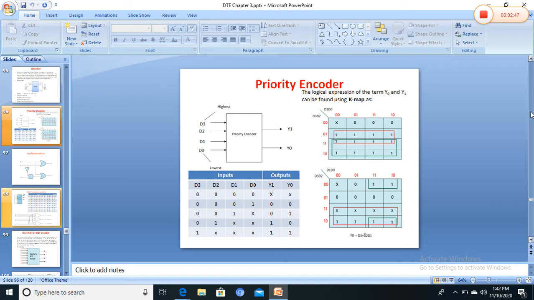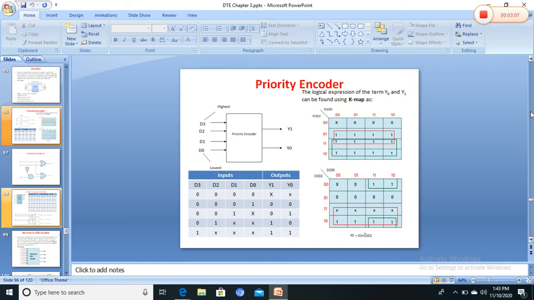That means if D3 is 1, then the outputs Y1 and Y0 are 1 1. In the last condition, D3 is 1 and D2, D1, D0 are don't care, so Y1 and Y0 are 1 1 irrespective of the other inputs.